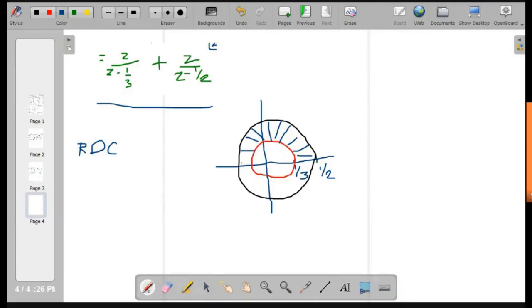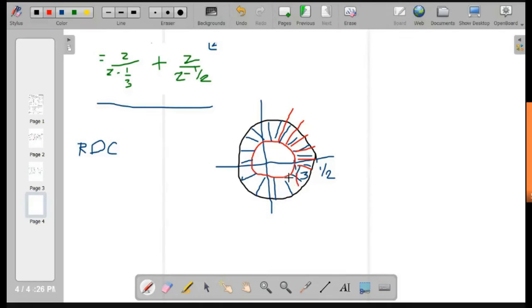It is inside, but I will be finding only that part which is intersecting with the ROC of the causal. Now where is the causal one? Causal says that your ROC is external to this, is it not? I will not be interested in the other part beyond half, is it not?